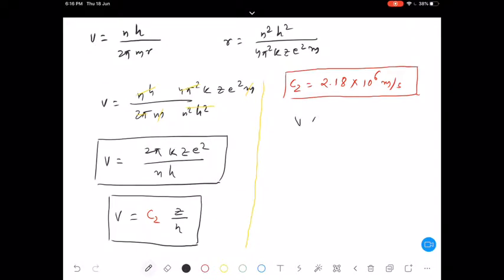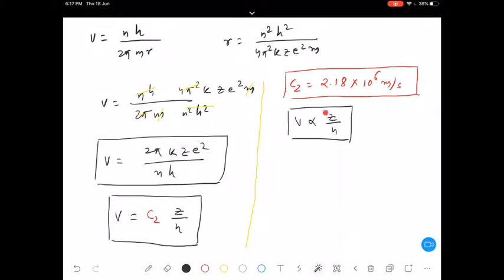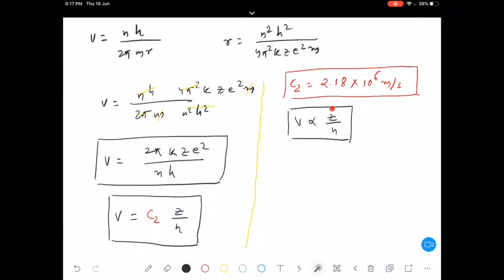So if I remove this constant, again I can write velocity, it will be directly proportional to z by n. Now for a given element, z will be constant. For example, hydrogen, z will be 1, right?